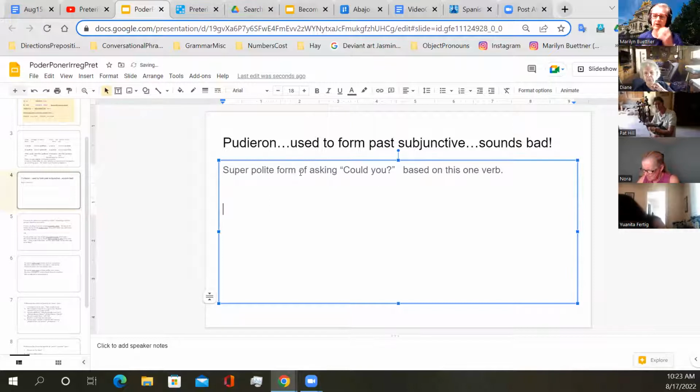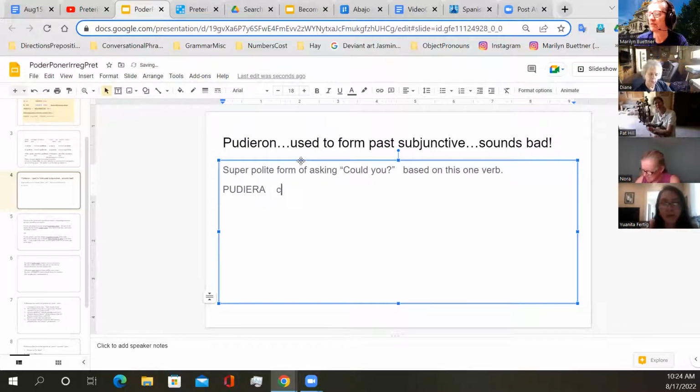Here's what happens. You take, I'm going to put it all in caps, PUDIERON, you take that, we take that off and it becomes pudiera. Pudiera.